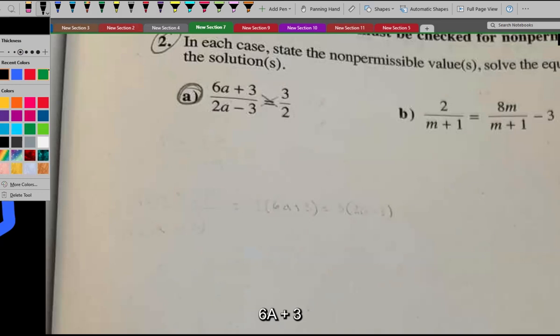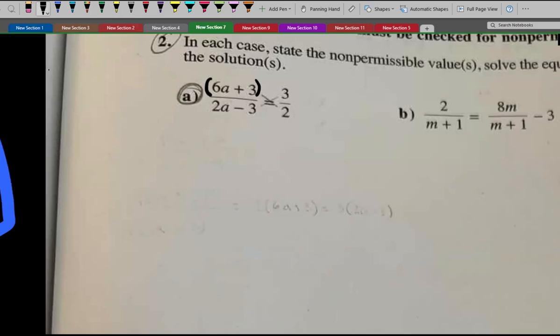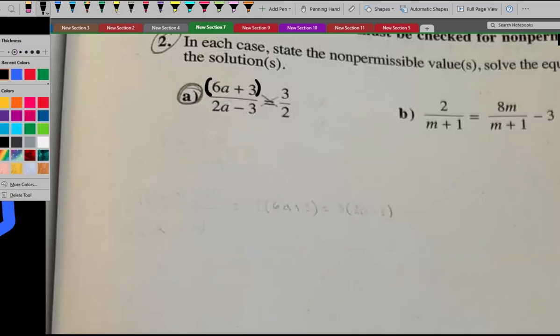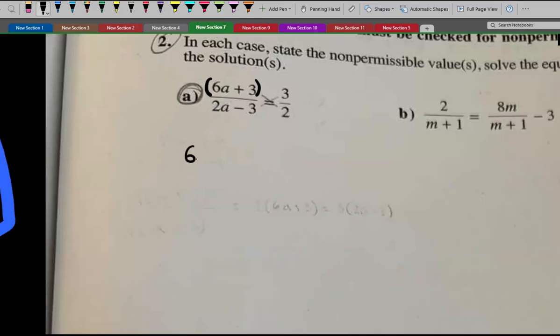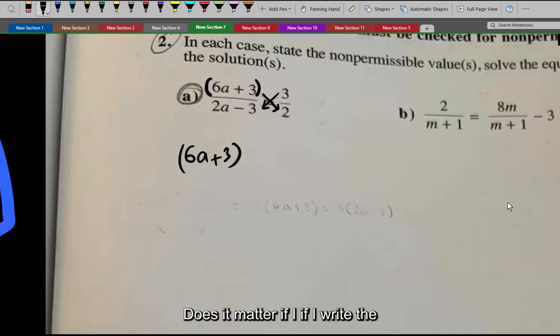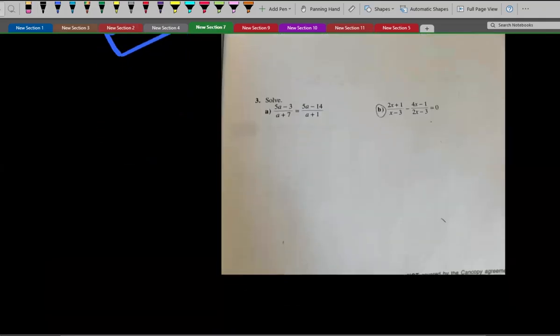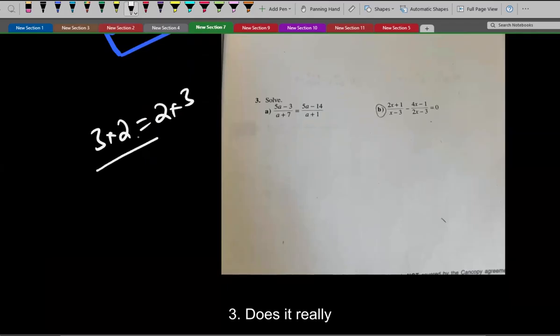So 6a plus 3 is gonna be like, so we can just do the cross product here. 6a plus 3. Does it matter if I write the product as 3 multiplied by 2 or 2 multiplied by 3?